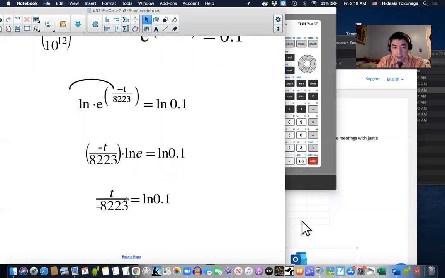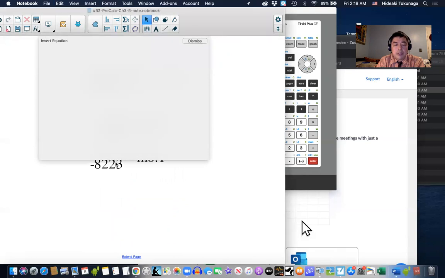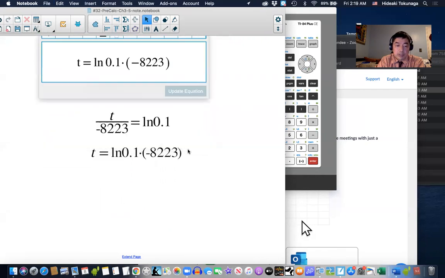T times 1 is t. And the natural log of this one is going to be the natural log of 0.1 times 8,223. There's the multiplication sign you have to have. This will be the answer.